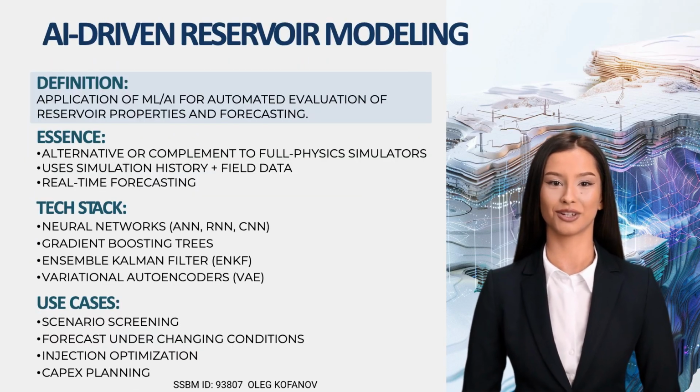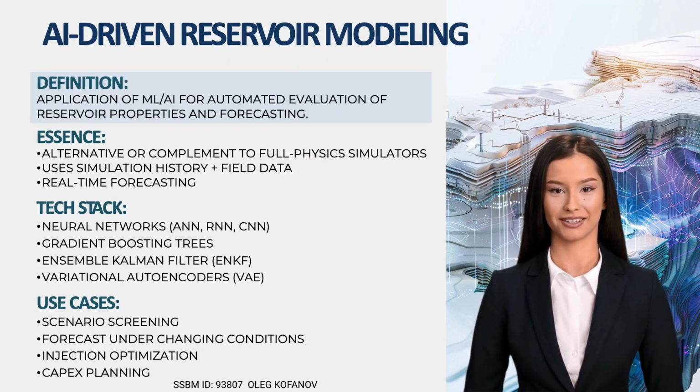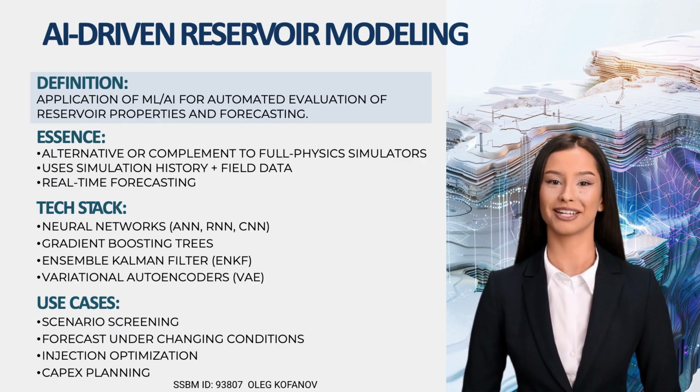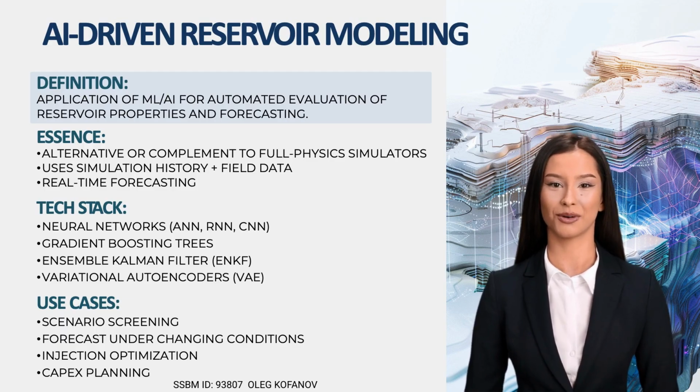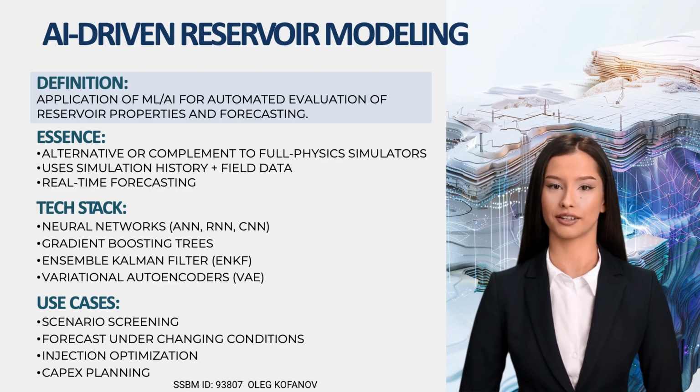Let's now take a closer look at AI-driven reservoir modeling, one of the most transformative applications of AI in the oil and gas industry. By definition, this approach uses machine learning and AI to automate the evaluation of reservoir properties and enable accurate forecasting. In essence, it serves as an alternative or a powerful complement to traditional full physics simulators. It leverages historical simulation data and field measurements to produce real-time predictions.